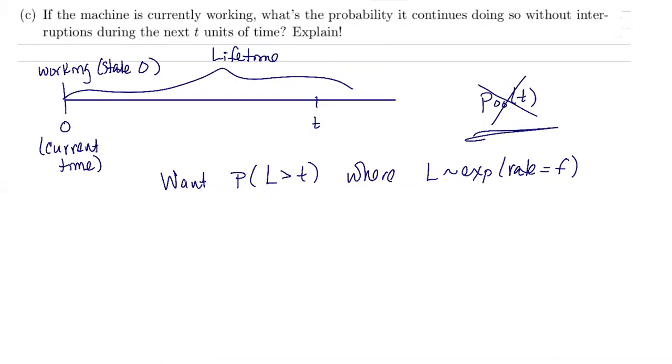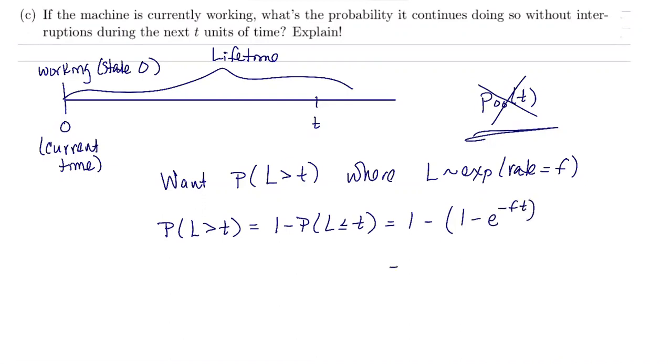And if you know it, go straight for it and write it down. If you can't remember, well, work it out with an integral, or turn this around and maybe you remember the CDF. So this is 1 minus the CDF for that exponential, which is 1 minus e to the minus ft. And we get e to the minus ft, and we are done.